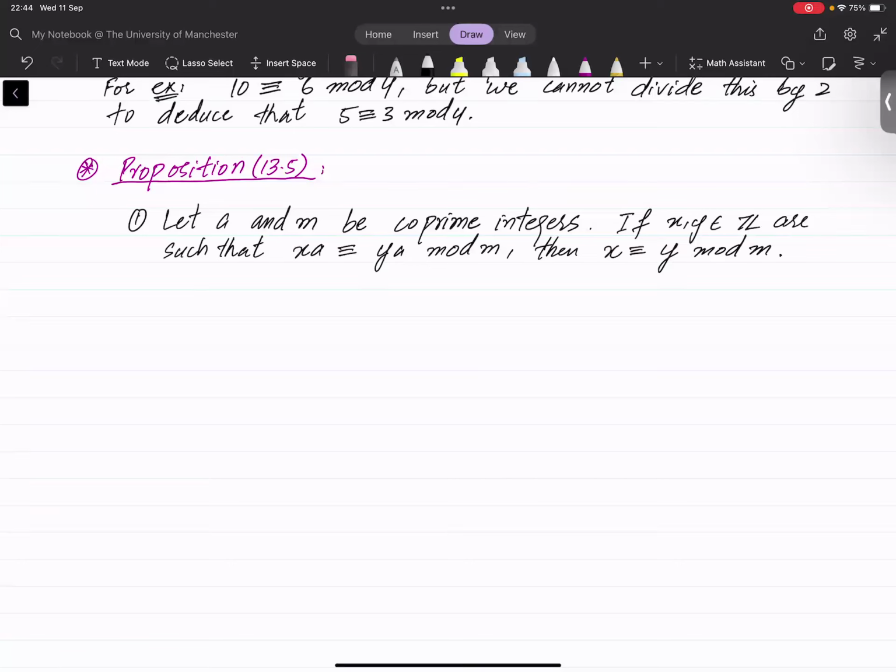Part 2, number 2, is let p be a prime and let a be an integer that is not divisible by p.